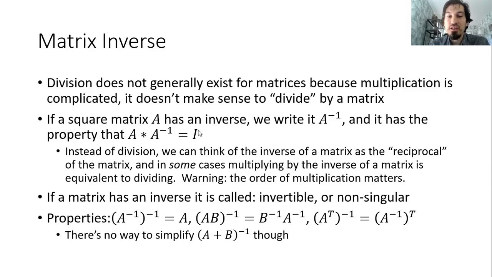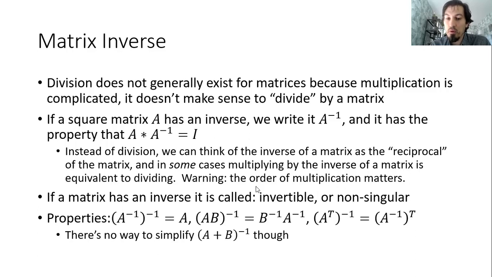The identity matrix, you can kind of think of that as 1, even though it's not a matrix filled with 1s. It's a matrix with 1 on the diagonal and 0s everywhere else. So instead of division, we can think of the inverse of a matrix as the "reciprocal". In this case, the quotation marks indicate that it's very nearly correct to call it the reciprocal, even if it's not quite. And in some cases, multiplying by the inverse of the matrix is equivalent to dividing.